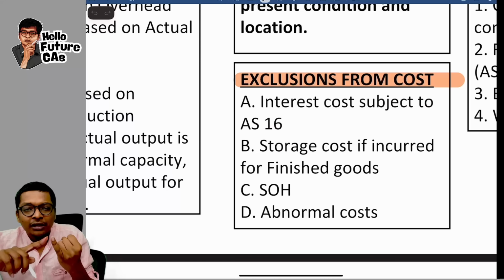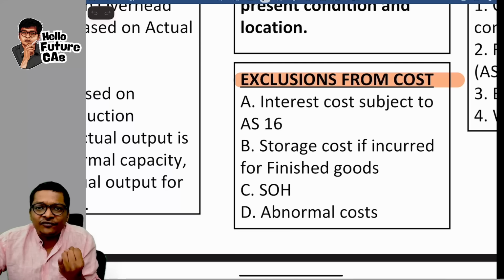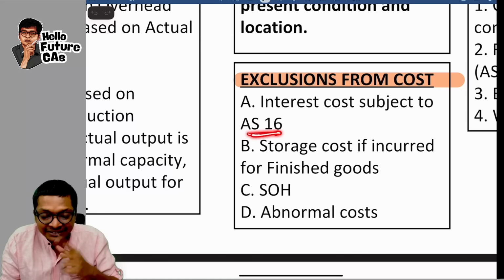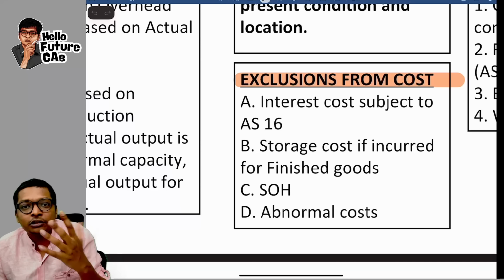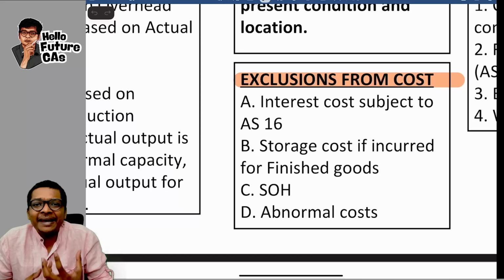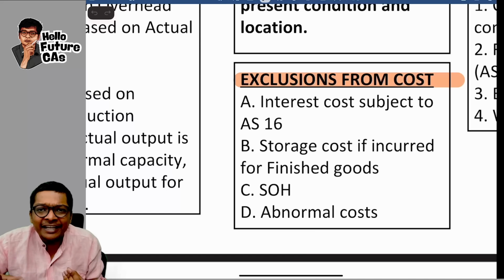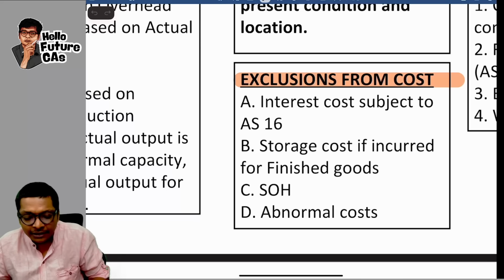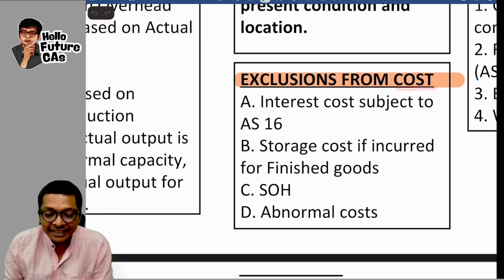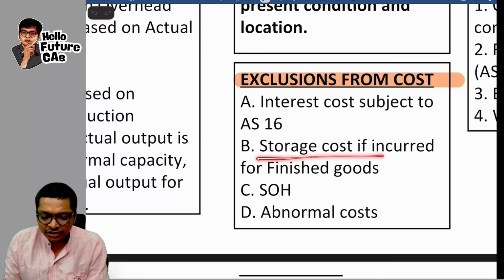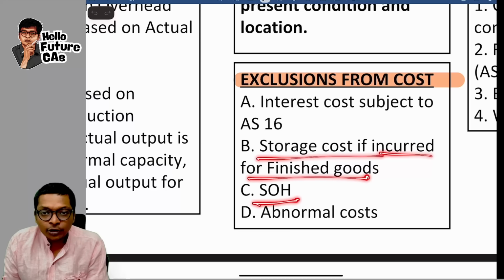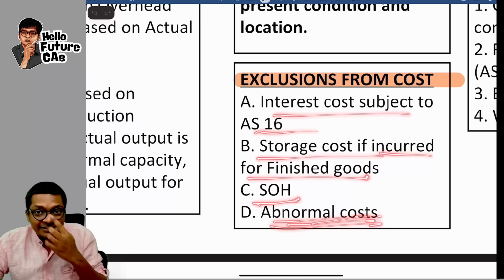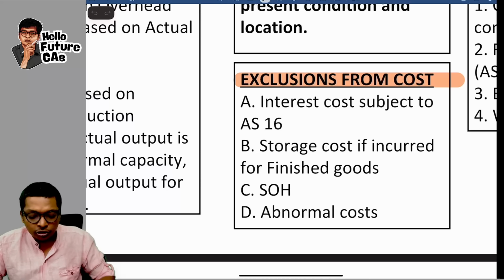So if interest cost satisfies the definition of AS 16, then we will capitalize. If it is not satisfying, for example, cheese can be made in a few days or few hours itself, in that case, I will not capitalize interest cost. Then I will debit to P&L. Storage cost if incurred for finished goods, selling overhead, and abnormal cost or abnormal loss. These are the 4 things that are not included in cost of inventory.